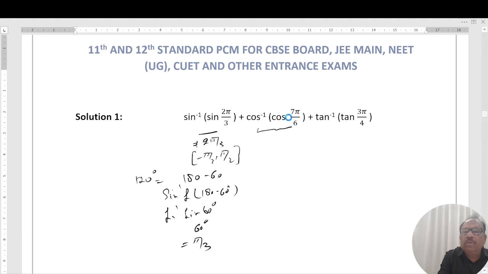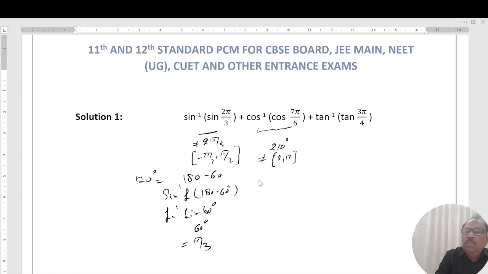In this case, this is cos of 7 pi by 6. This becomes 7 pi by 6, that is 210 degree. 210 degree does not belong to 0 to pi. We have to reduce it into this interval.